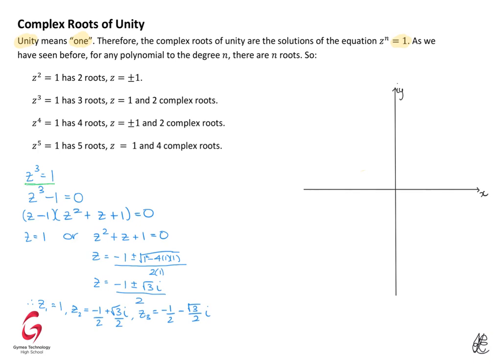This is a nice example of a complex roots of unity equation with a degree of 3, knowing that we should be able to obtain 3 roots, and knowing that the first one is going to be a real root of 1, and that the second and third roots will be conjugates of each other, given that my coefficient of z cubed is a real number.